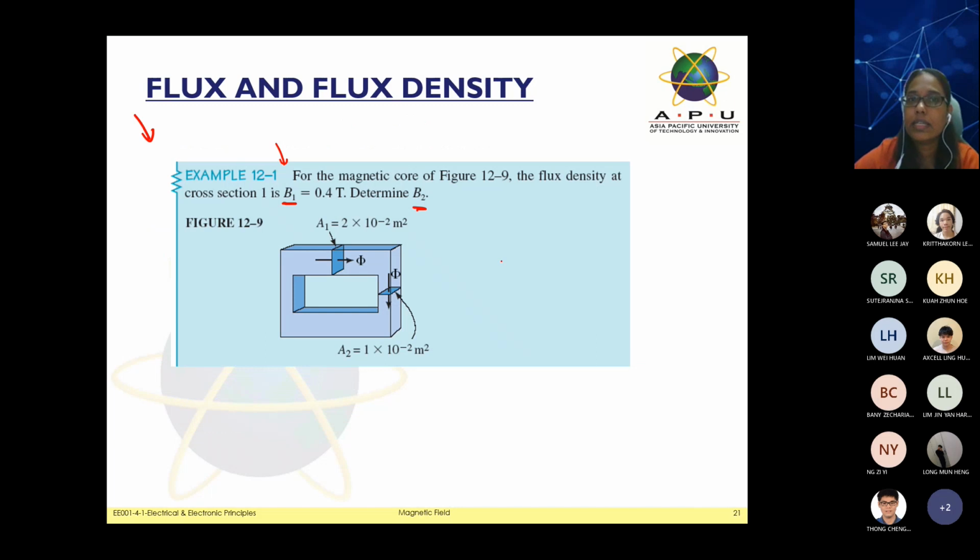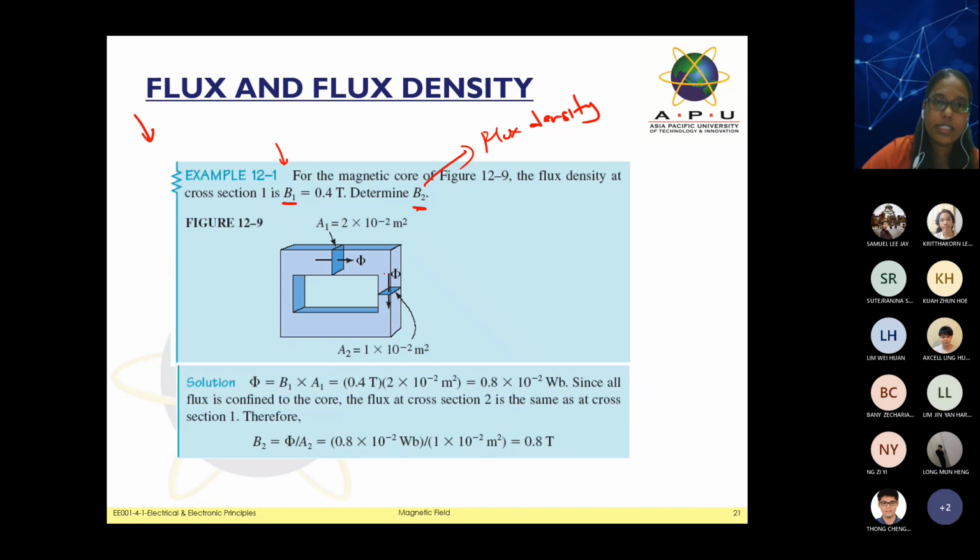In this question they ask you to determine B2, so you need to know that B stands for your flux density.